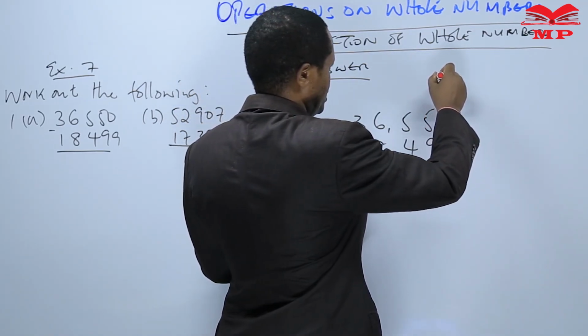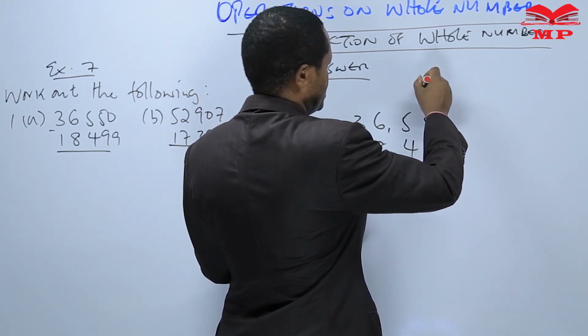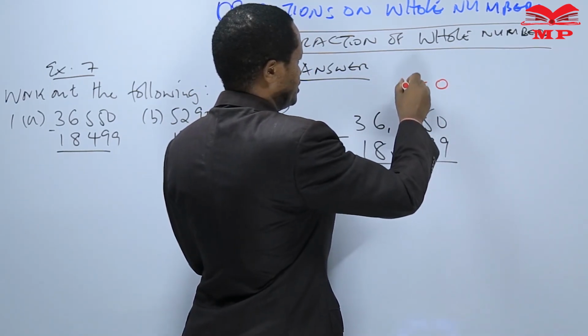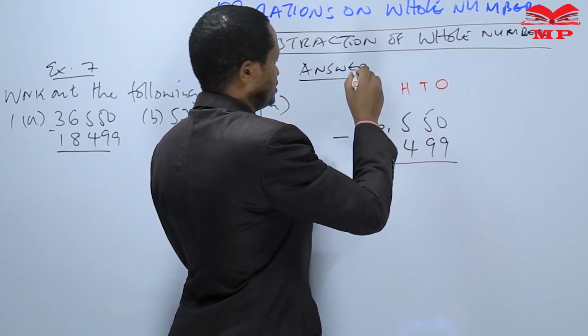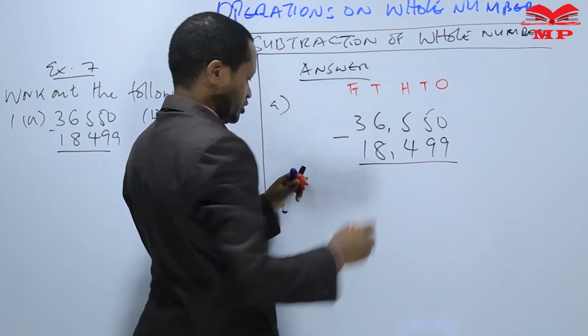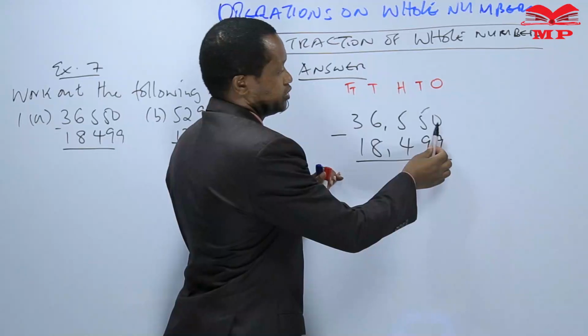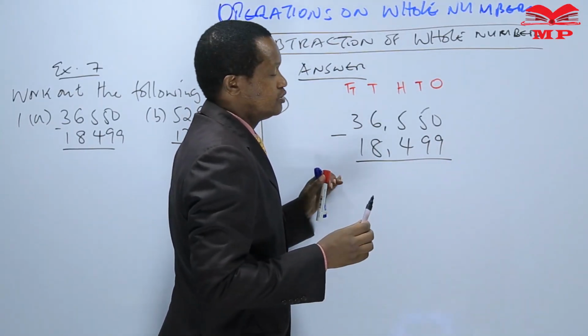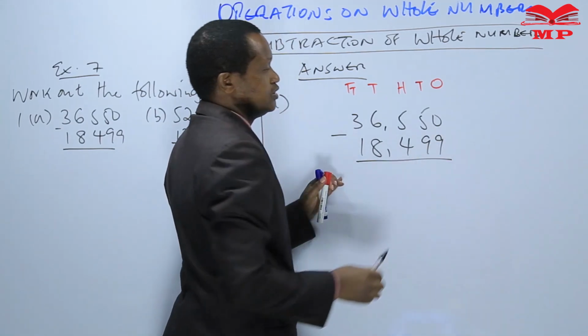Then we have the tens, the hundreds, the thousands, and the 10,000s. So 0 minus 9 is not possible.